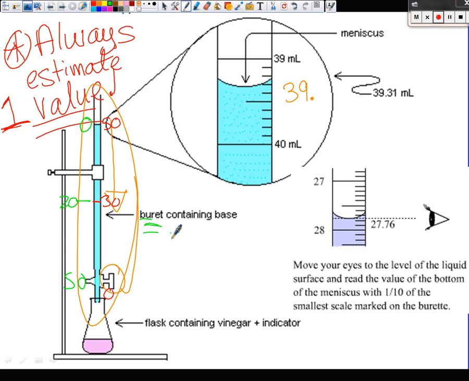Y'all going to have to fix that issue. Okay? Yes. Put some in there and pour it out. I mean, I really don't care. I don't have anything to pour it in there with. See if you can kind of tilt it and pour it in there sideways, just to fill it up enough.